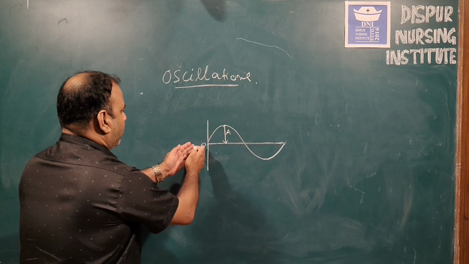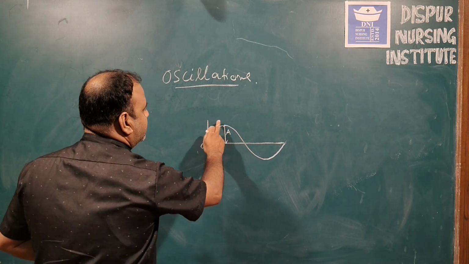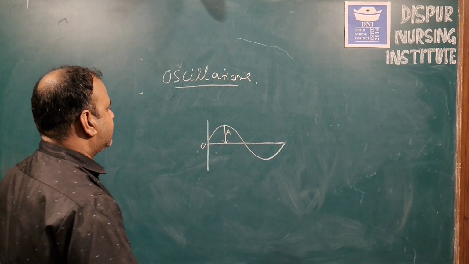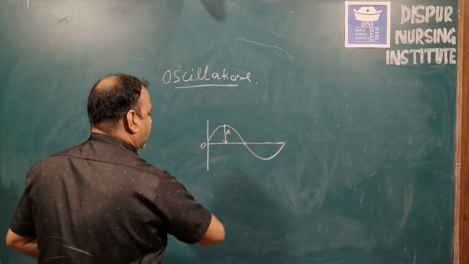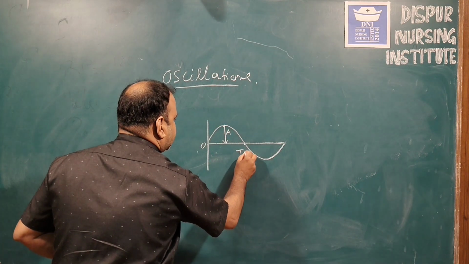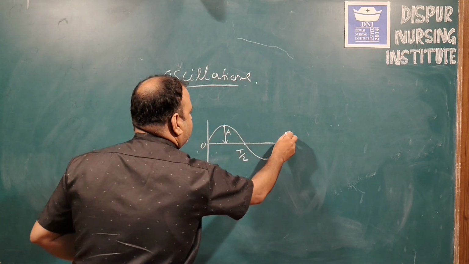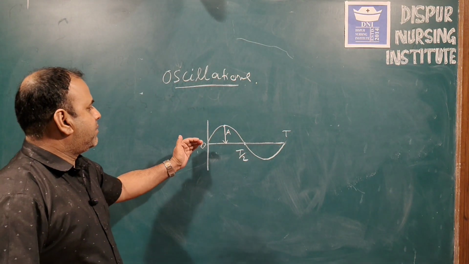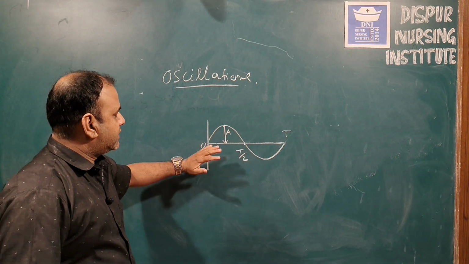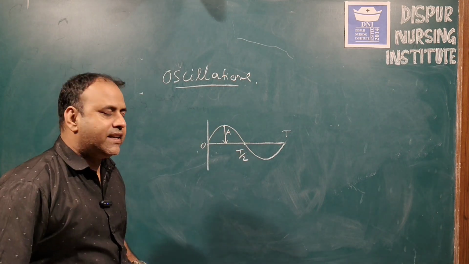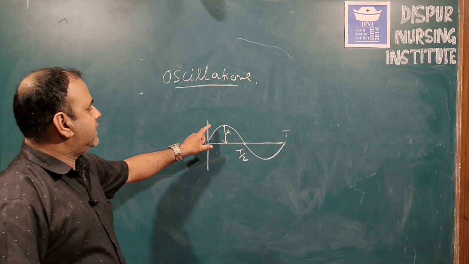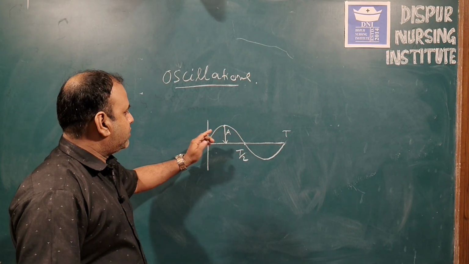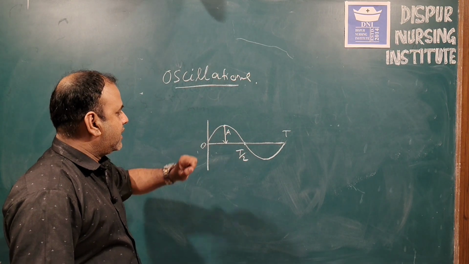From this origin, the main position, when the wave is going in the forward direction, at this position the time is T by 2, and from this position to here the time is T. Always remember, when a wave or oscillation takes place and the wave moves forward, we get the maximum displacement, called the amplitude.